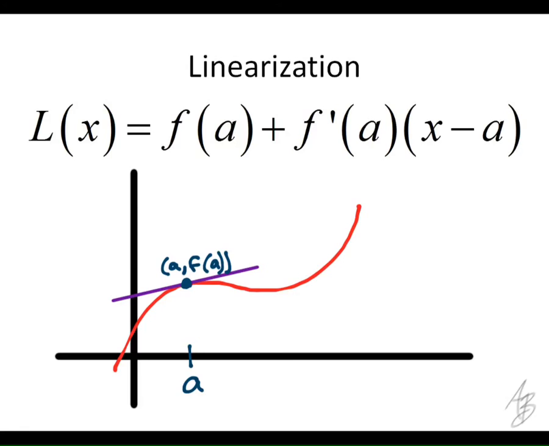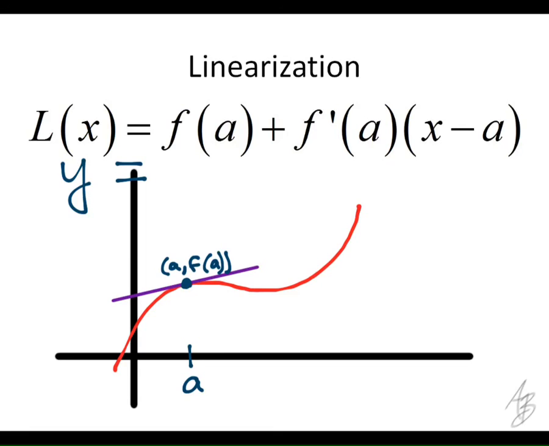Okay, so where does this equation come from then? Let me say this. The L here, the linearization, is just the equation of this line. So this is like y equals something when we're talking about the equation of this line. So if I change this to y equals, well, it's close to mx plus b, but we have that f of a there.